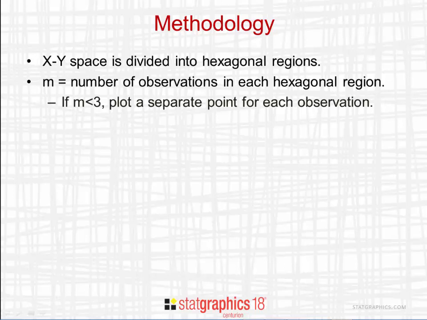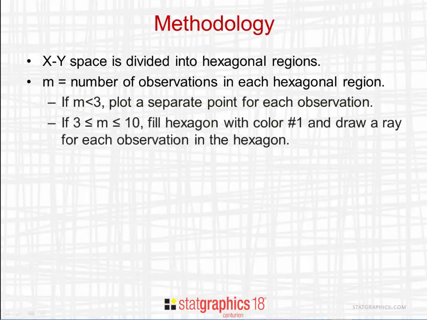If M is less than 3, we plot a separate point for each observation in the region. If M is between 3 and 10, we fill the hexagonal region with color number 1. For each observation, we also draw a ray from the center of the region to the edge of the hexagon.